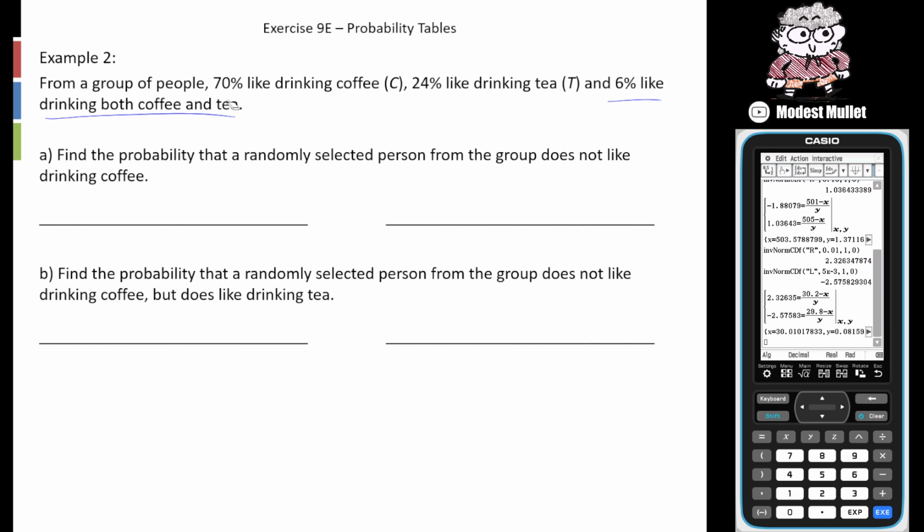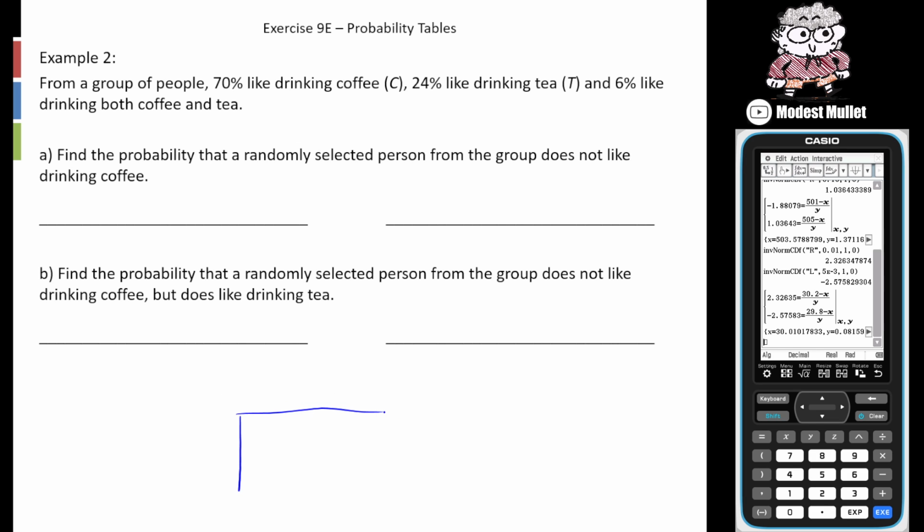But the key takeaway is that when it says 70% like drinking coffee, there's no further elaboration or conditions on that. That's not saying the 70% like drinking just coffee and don't like tea. So yeah, just got to be really careful with that.